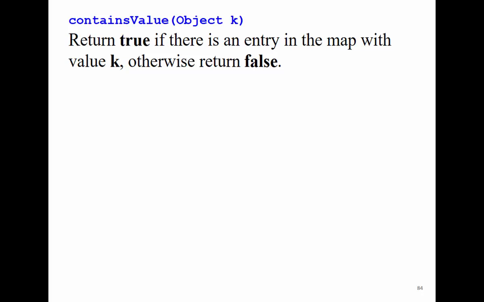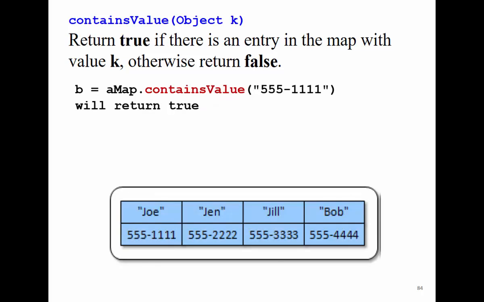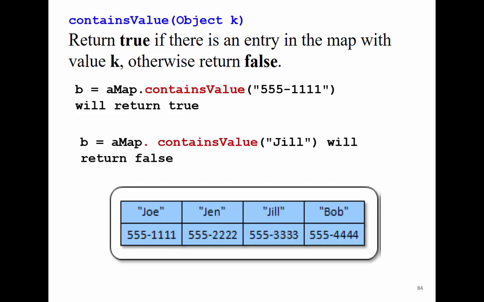As you can see here, we ask if this 55-111 is inside the map. We're not removing, we're asking if the map contains the value. If the value is not there, we're going to return false. Any question?